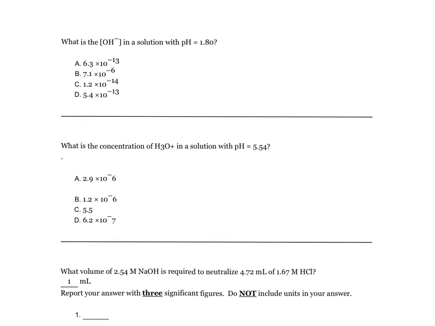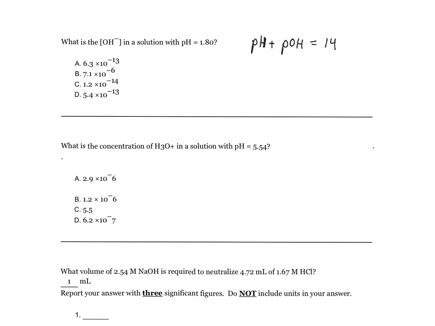Next question. What is the concentration of OH minus hydroxide in a solution with a pH of 1.8? For this question, the pH scale is 14. So you can know that the pH plus pOH is equal to 14, roughly.